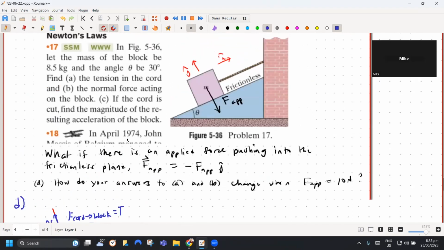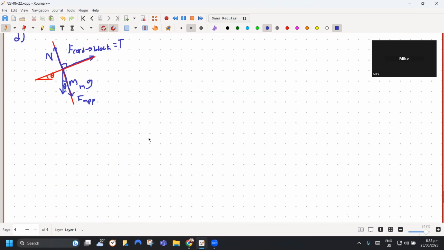Okay, so ngayon, given in equilibrium yan, what do you get from F net is equal to 0? F net is equal to 0.